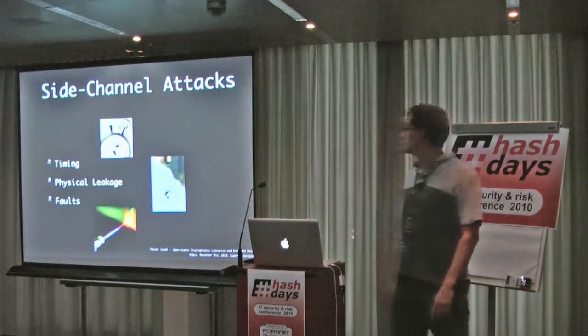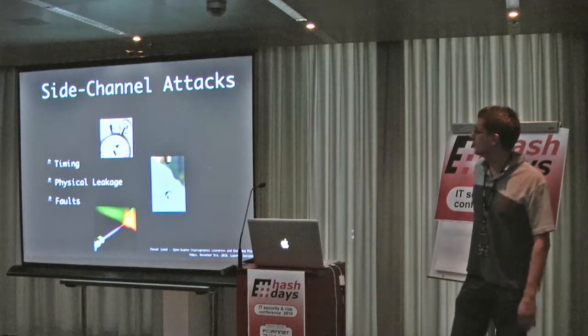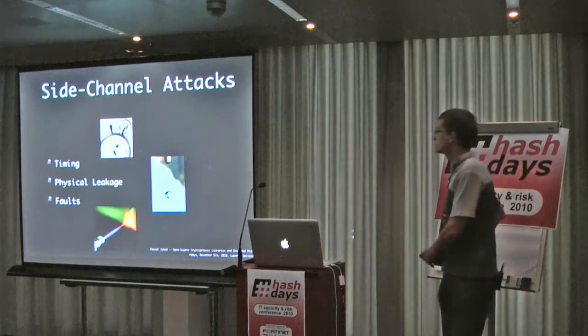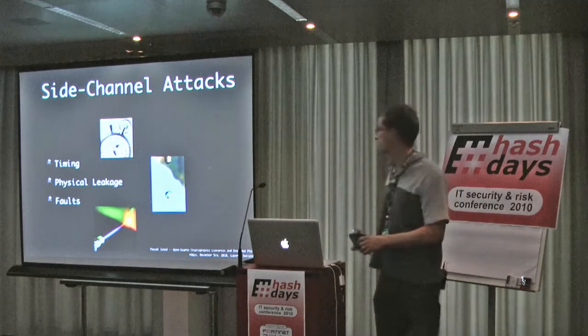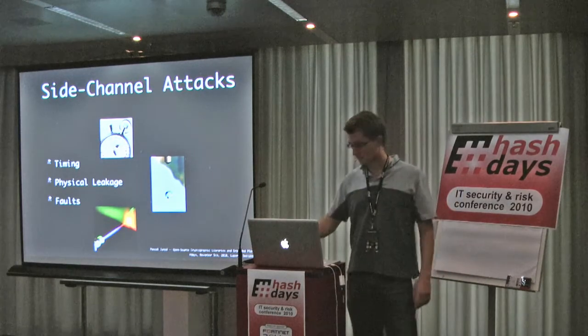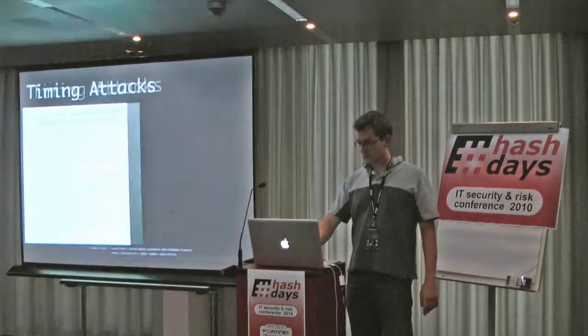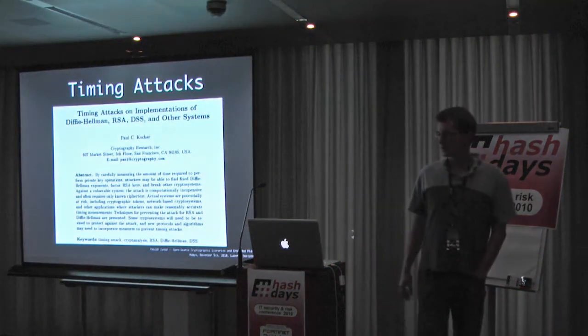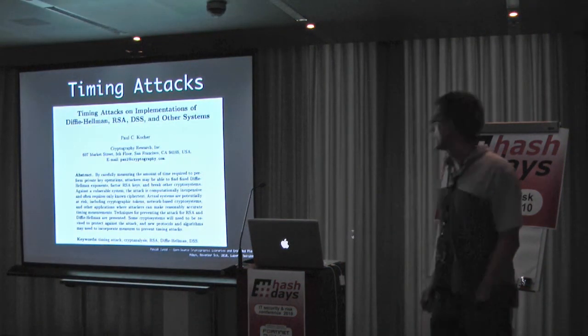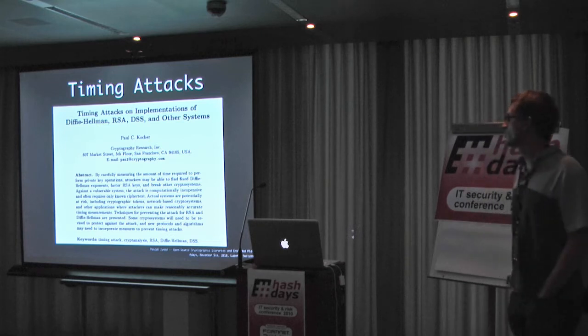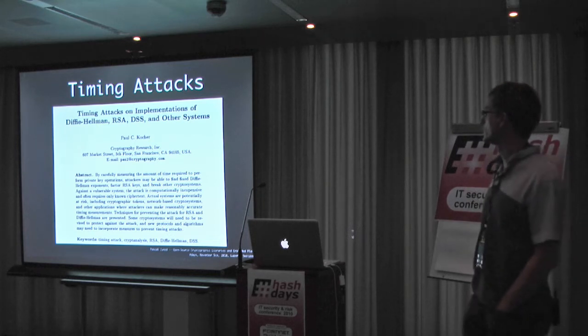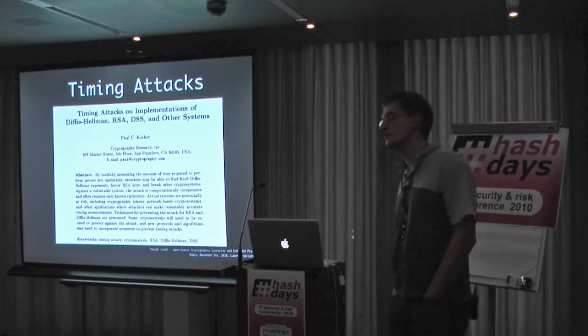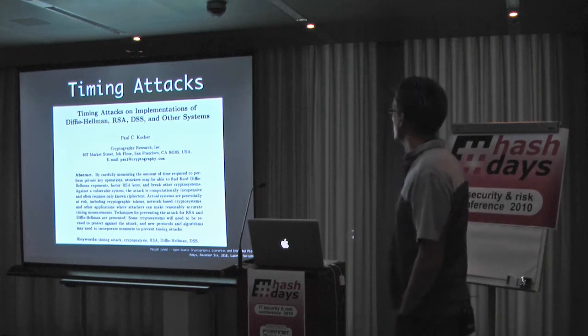So now I'm going to focus on side channel attacks. I will just speak about timing attacks, physical attacks, and attacks based on faults. But let's have a first look at timing attacks. So timing attacks have been discovered or maybe rediscovered by Paul Kocher in the middle of the 90s.